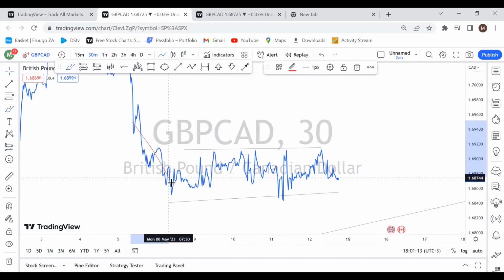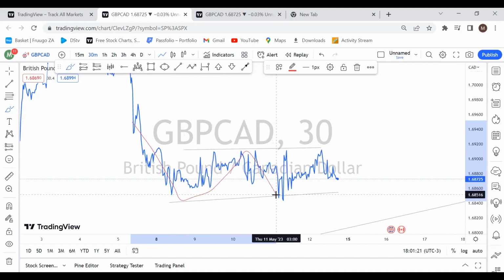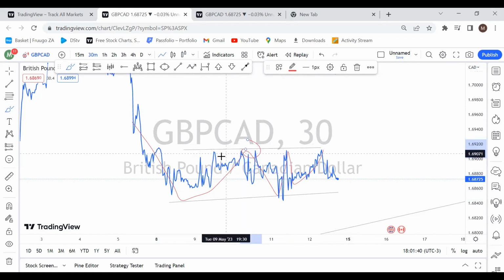So as you can see, the price went down, went up, creating our first touch right there, went down, went back up. That's the second touch, and on to the third one, right? So this method really helps me to figure out which touch is which. As you can see, this is the first one, even though it's kind of a double top or whatever.